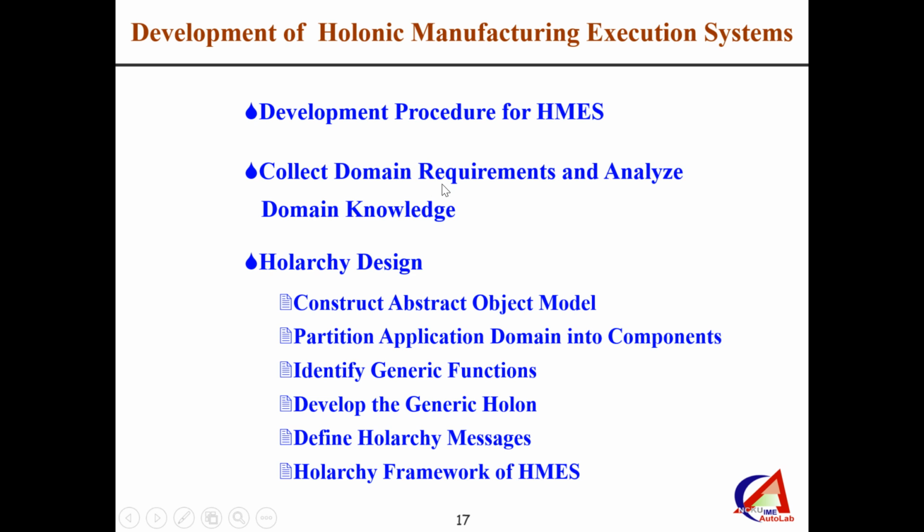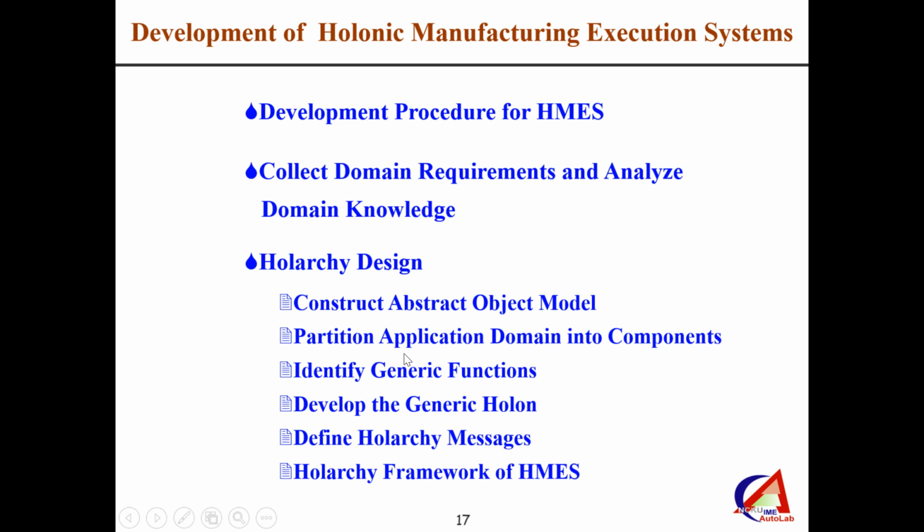Of course, this is a large-scale system, but still we need to collect the design or domain requirements and analyze domain knowledge. Then we have what I call Holonic. Holonic means framework design. This Holonic design is a framework design.